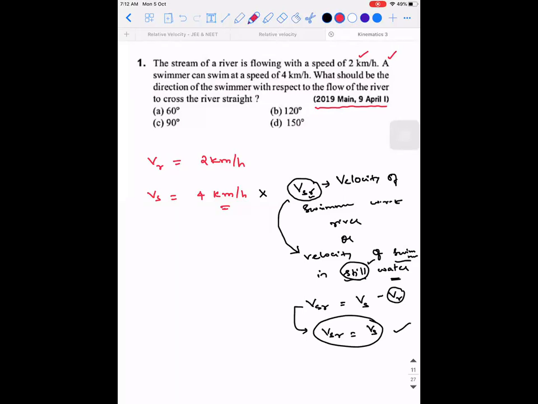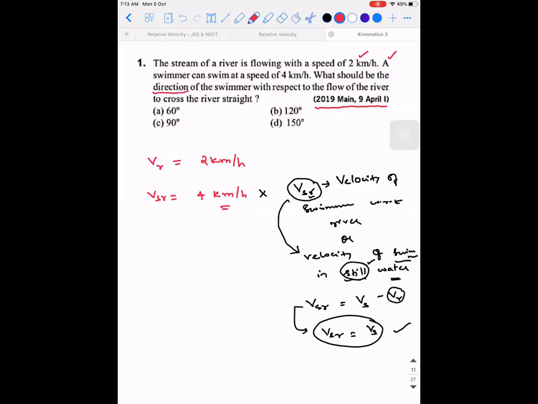So what is the change I need to do here? It is the velocity of swimmer with respect to river. I hope both the points are justified, right? VR is equal to 2 km per hour. VSR is equal to 4 km per hour, right? What should be the direction of the swimmer? I told you in physics, direction means angle, right?